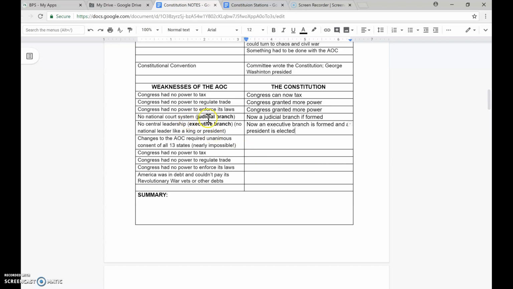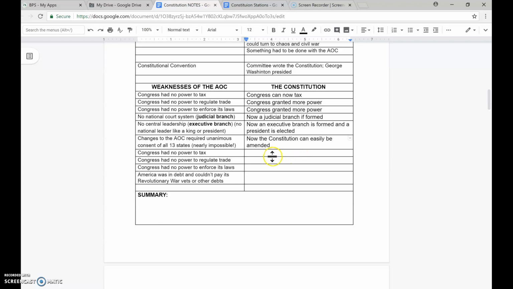So we now have a judicial branch under the Constitution. We have an executive branch under the Constitution. This is exciting, guys. Okay, so weaknesses: changes to the Articles of Confederation required unanimous consent of all 13 states. Near impossible. Now the Constitution can easily be amended.